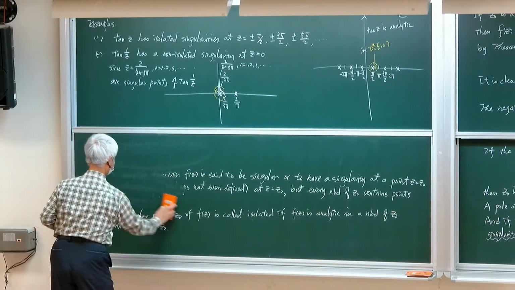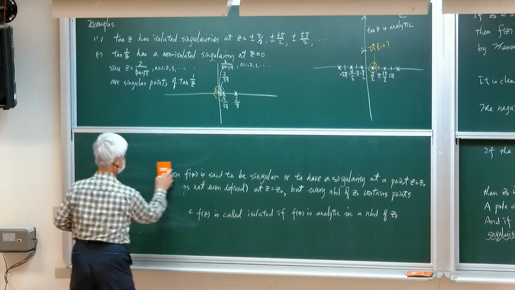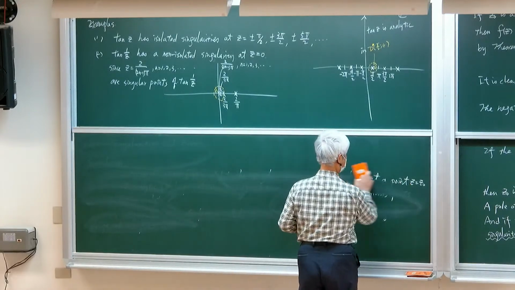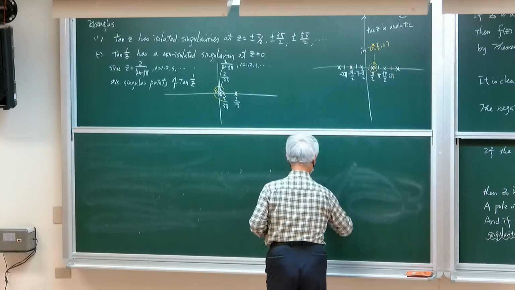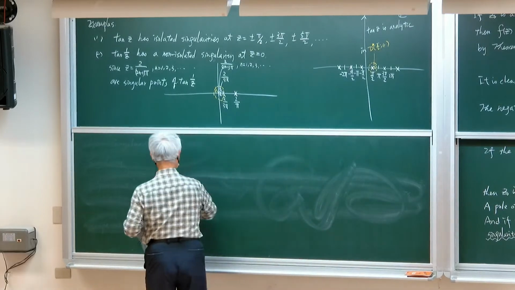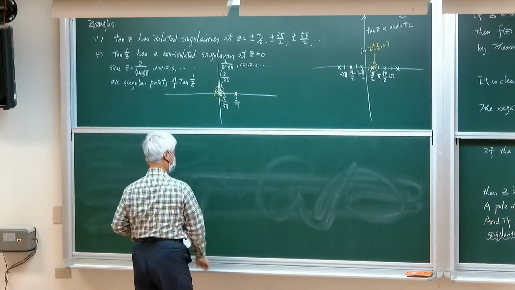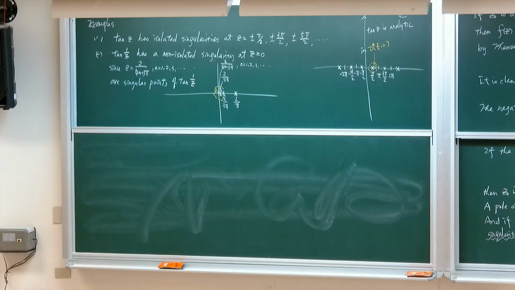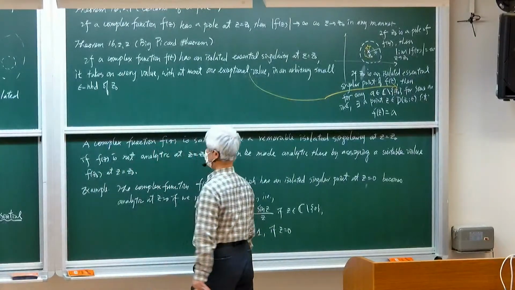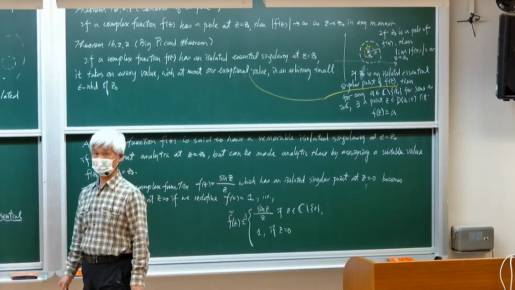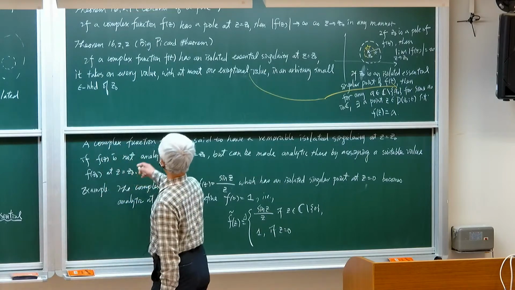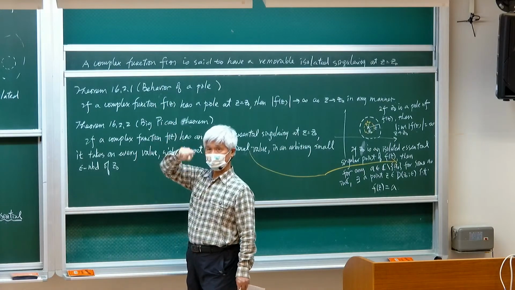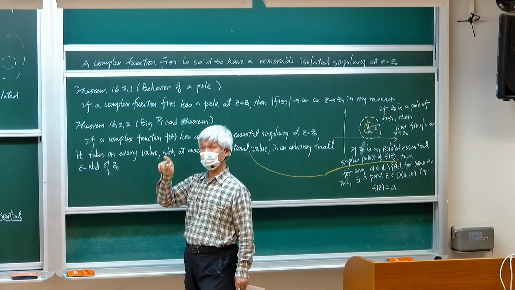But when we have isolated singularities, we classify them into two classes: one is called poles, the other is called isolated essential singularities, right? And they will have different behavior around the singular point.